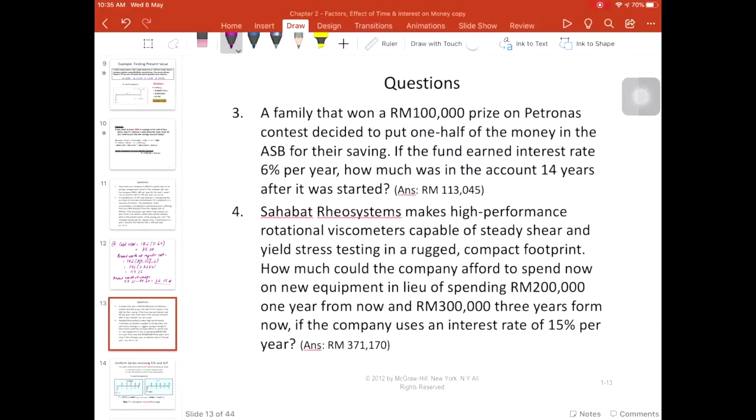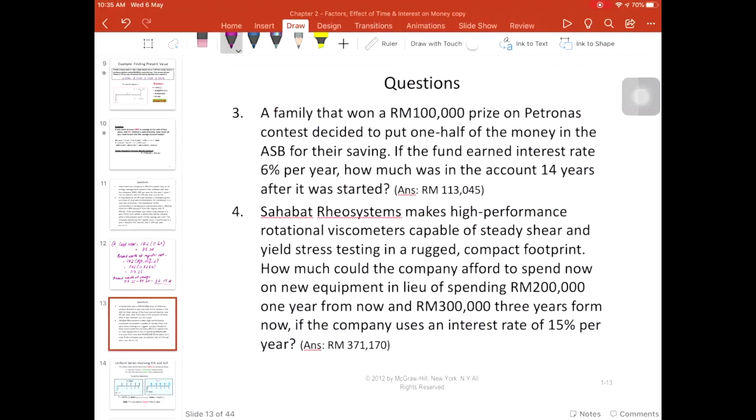So question number 3: a family that won a 100,000 ringgit prize in a Petronas contest decided to put one half of the money in the bank for their savings. If the fund earned interest at 6% per year, how much was in the account 14 years after it was started? That means what? You have to find what?